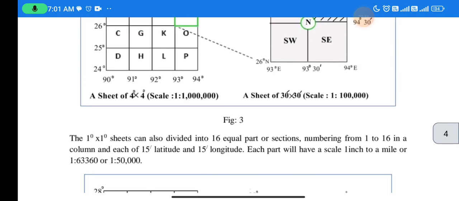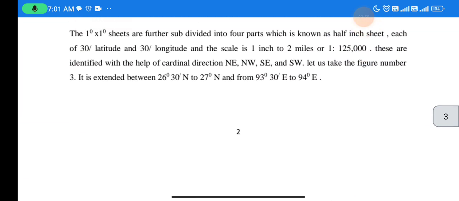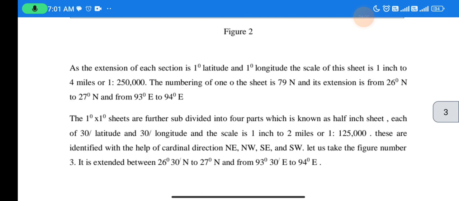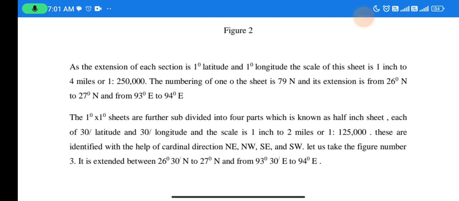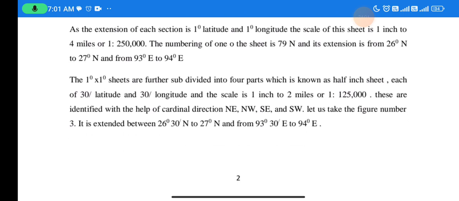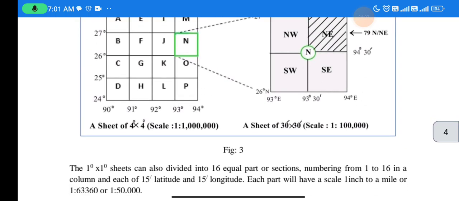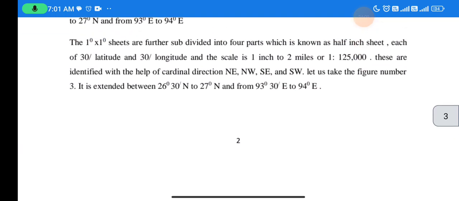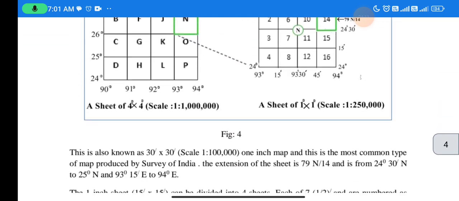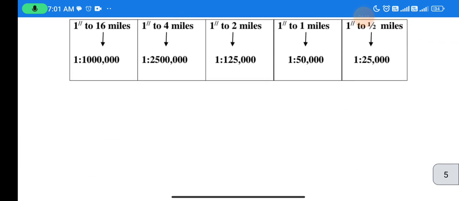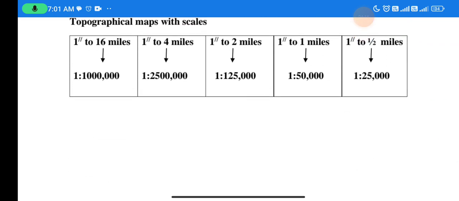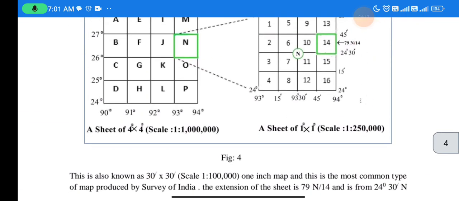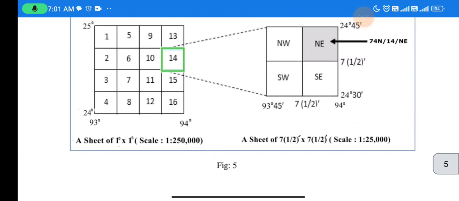Okay, confused there, na. Let us check here. Half inch sheet and 1 inch to 1 mile is 25,000. Now see, here it is 1 lakh is to 1 lakh. So here you can see half inch sheet, right? So half inch sheet is 1,25,000. You can see this is half inch sheet 1,25,000, and here it is showing 1 is to 25.